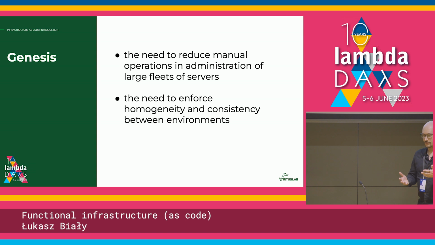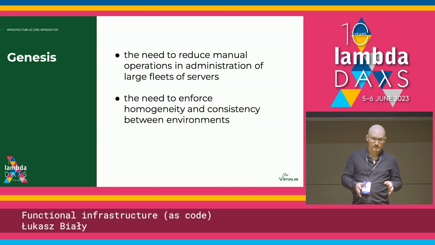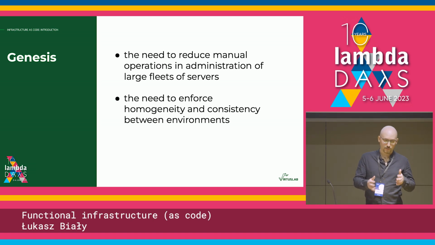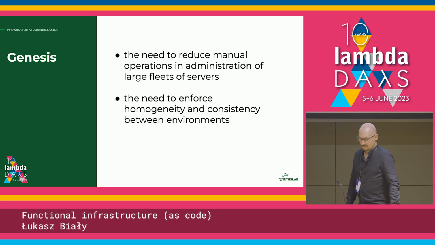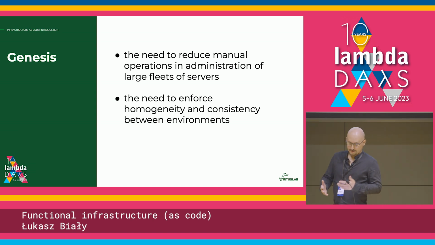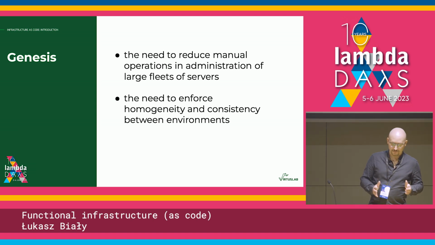Because what you get if you are doing manual operations, well, you get snowflakes, you get mutable servers that evolve into big heaps of mud that nobody really remembers how they operate, and then you do something with them. You do operations, you do deployments, and stuff basically explodes because everything is unique and melts when you touch it. So the need to reduce those manual operations also brings the need to enforce the environments to be homogeneous.